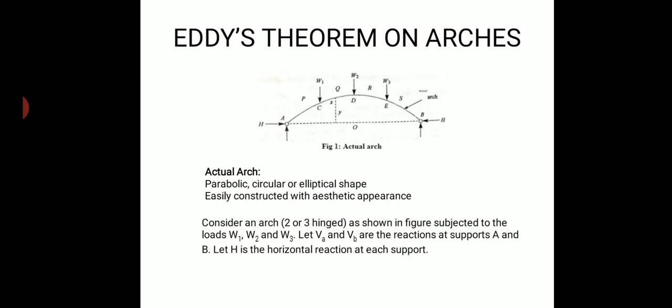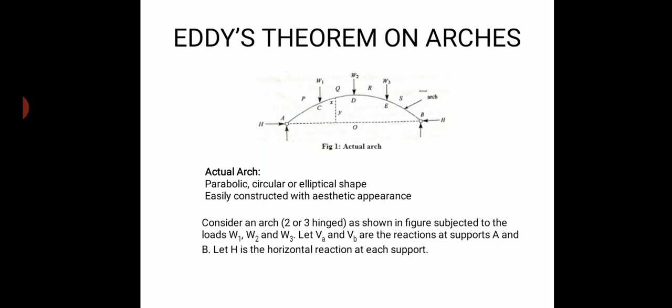So here I have an arch, whether it is two hinged or three hinged. You can take any of the arches, whether two or three hinged, and it is subjected to three loads in particular. In this figure the three loads are shown: W1, W2 and W3 are the three concentrated loads applied onto the actual arch.